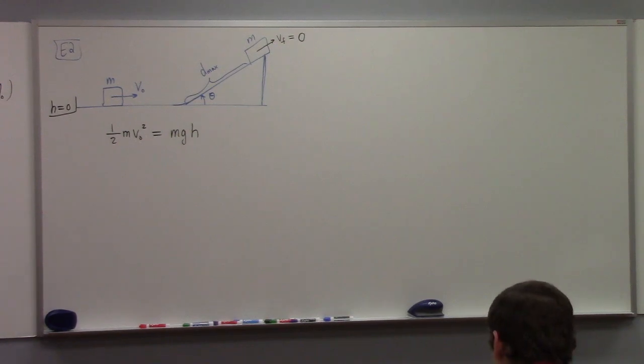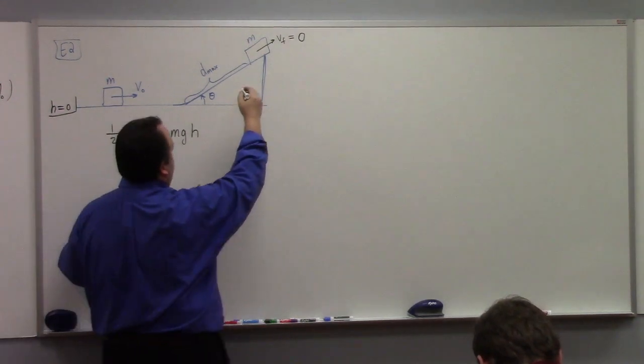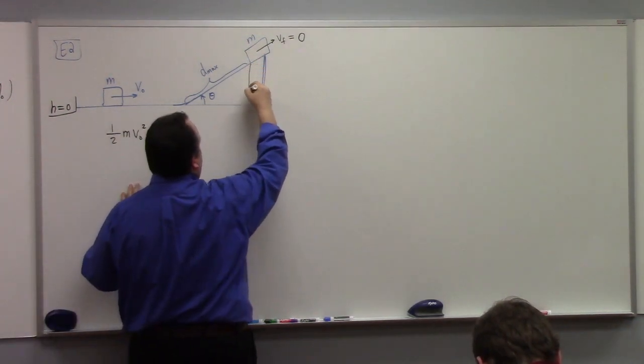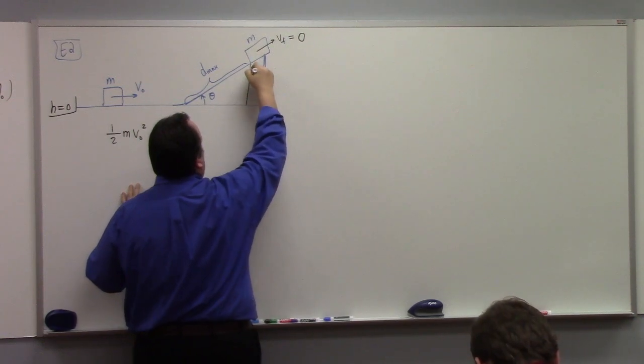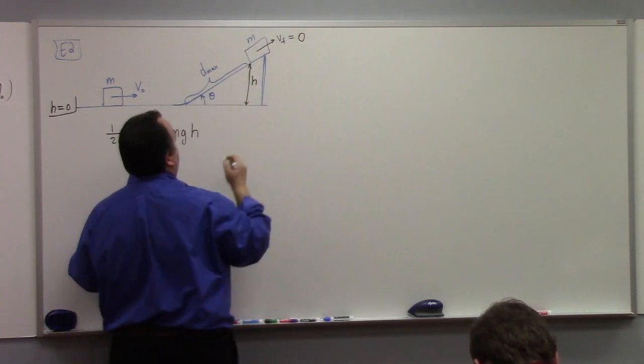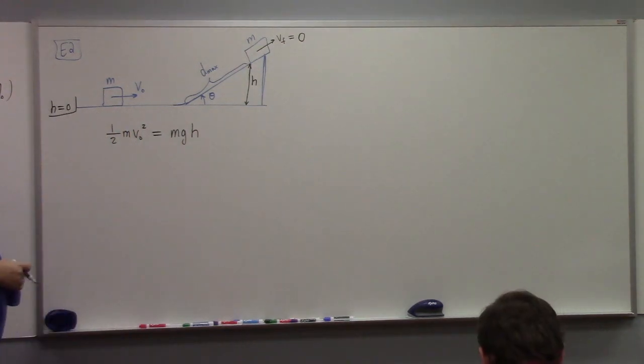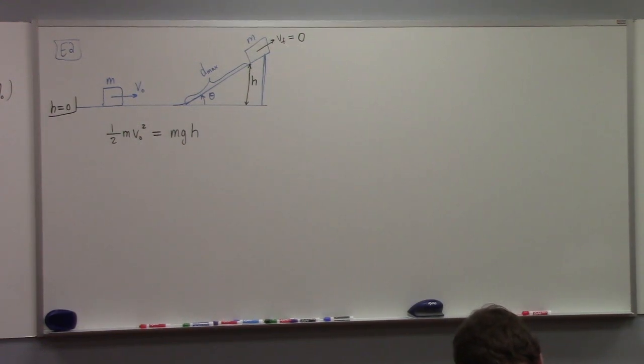So then what? H isn't what I want. I want D. Can you figure out what H is? If I draw right here, this distance is H. My picture is not quite accurate. If we were doing things more carefully, I should say H is the distance to the center of mass of the box, so I'm being a little bit sloppy about that.